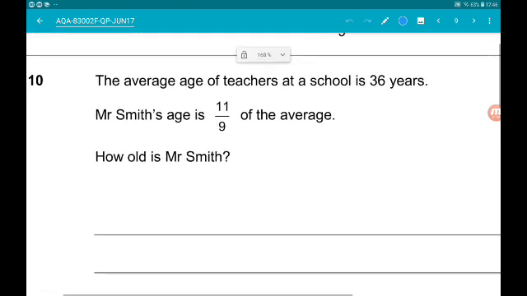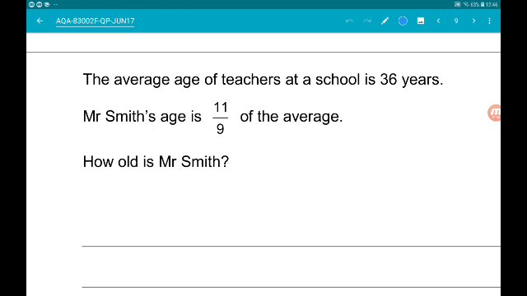Okay, question 10. The average age of teachers at a school is 36 years. Mr. Smith's age is 11/9 of the average. How old is Mr. Smith? So, if Mr. Smith was 8/9, for example, of the age, then we would just find 1/9 and then multiply it by 8.